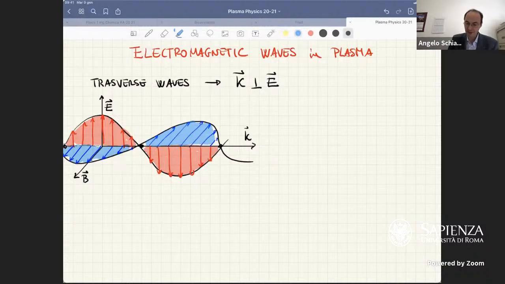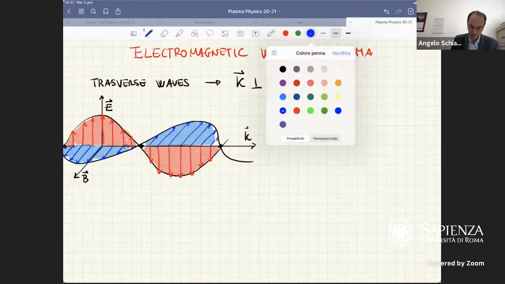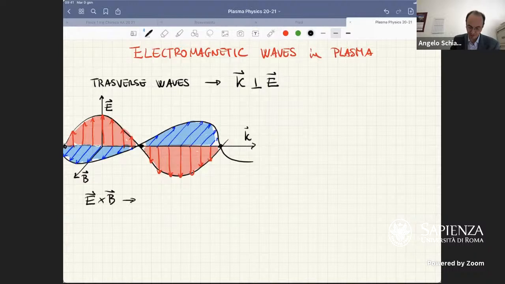So at each time we know that E cross B gives the Poynting vector, gives the direction in which the wave is moving, and you see that the wave goes.